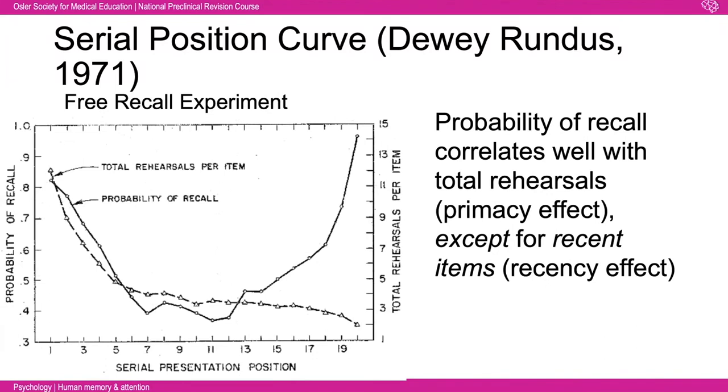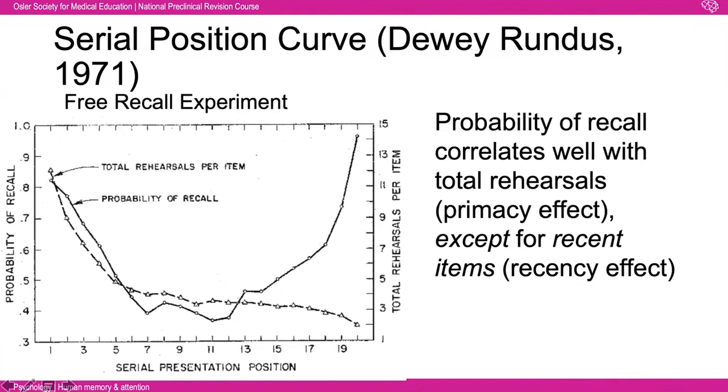This primacy and recency effect form a curve called the serial position curve, which is definitely on your syllabus. Essentially, the probability of recalling something is highest for something that was presented first to you and something that was presented last to you.